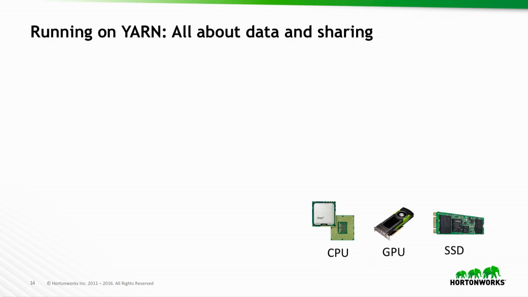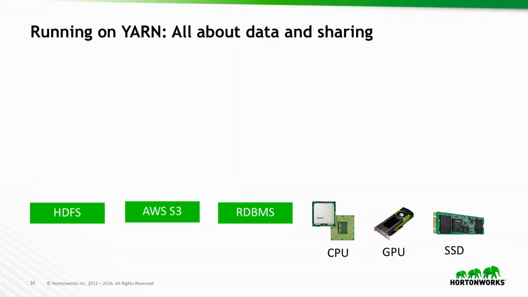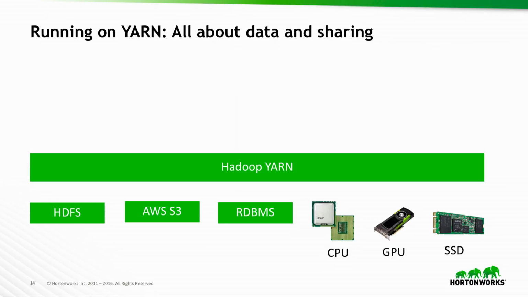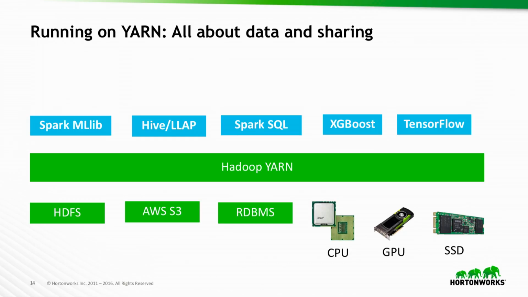So let's assume we have some hardware, CPU, GPU, and SSDs, and we have some storage systems. On top of this, we can have Yarn. On Yarn, we can run batch jobs or interactive queries like Hive, LLAP, and Spark.